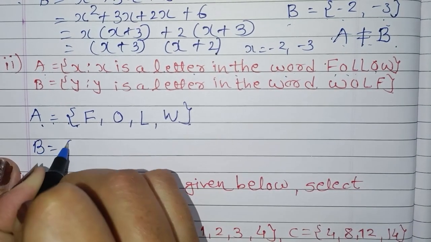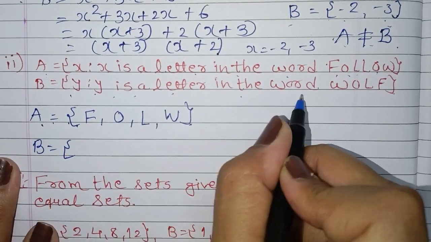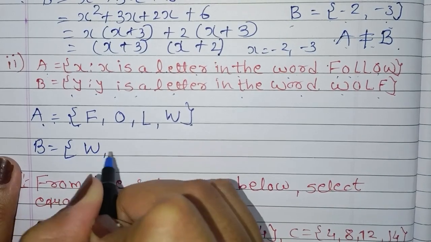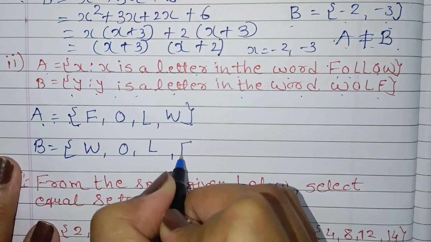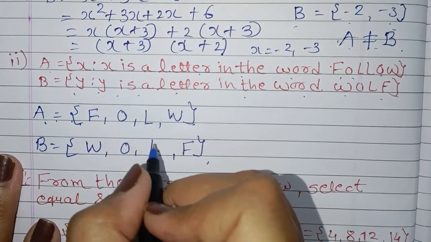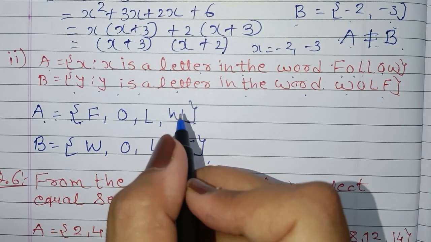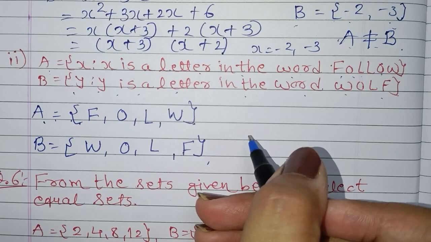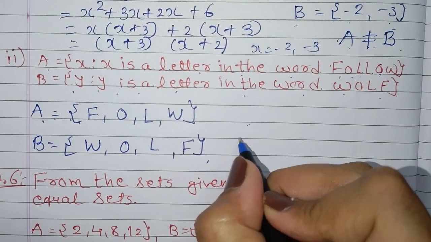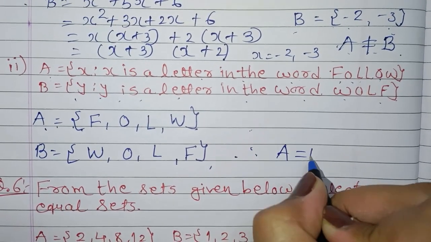In set B, y is a letter in the word wolf, W, O, L, F. Here the order in which the elements of a set are listed is not significant. That's why A equals B.